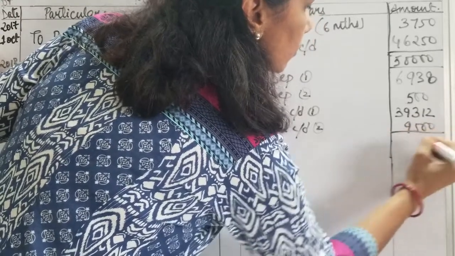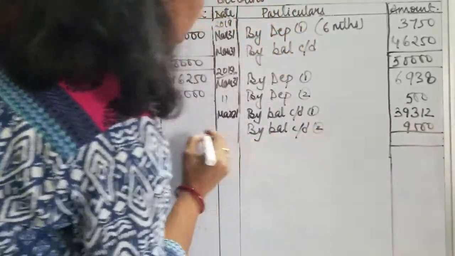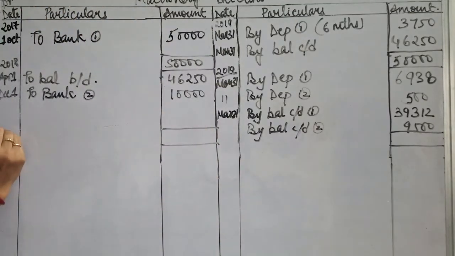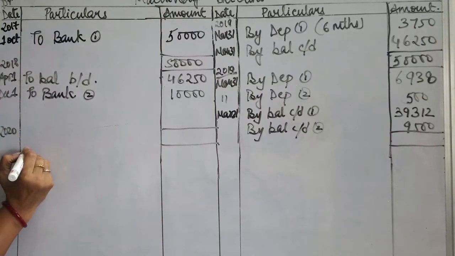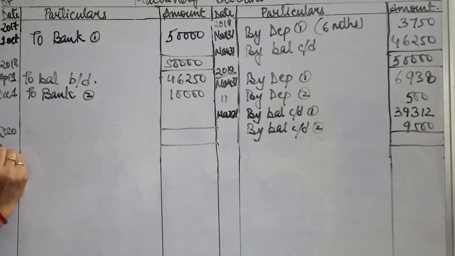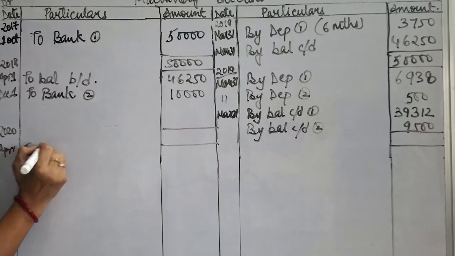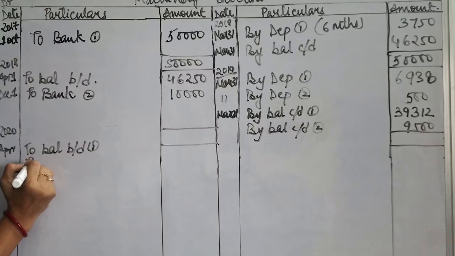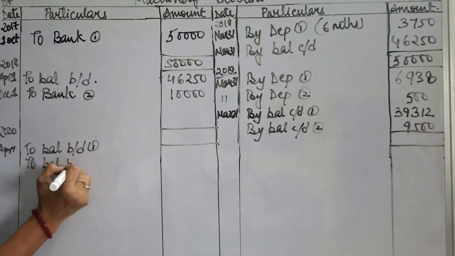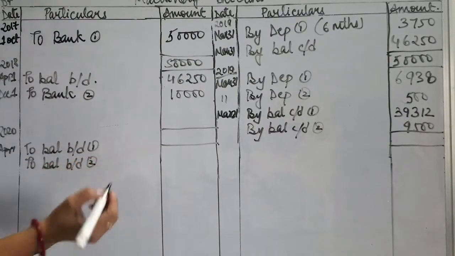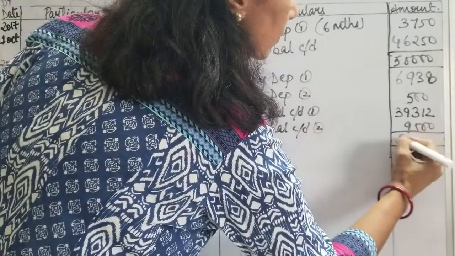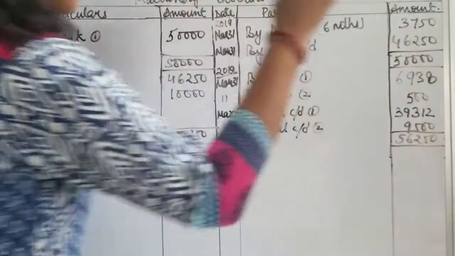So these are the closing balances of these machinery, which will become the opening balances of the machineries in the next year. So here is 2020 and date is April 1st. To balance brought down machinery 1, to balance brought down machinery 2. 56,250 here, 56,250 here.